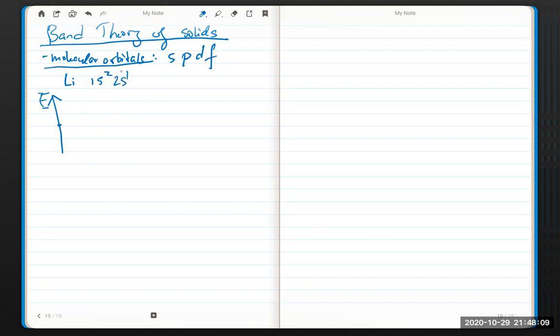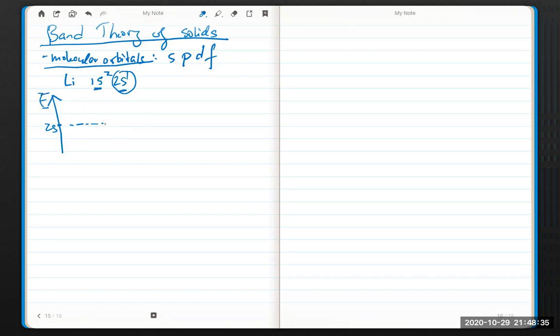Let's look at the valence electrons only. Don't worry about the internal ones, just the valence one. So you've got one electron in the outer shell, the 2s shell. In the case of lithium, that's just that one state. That's one lithium.